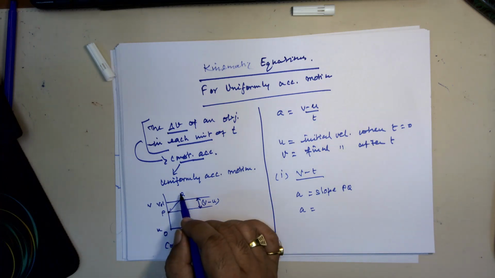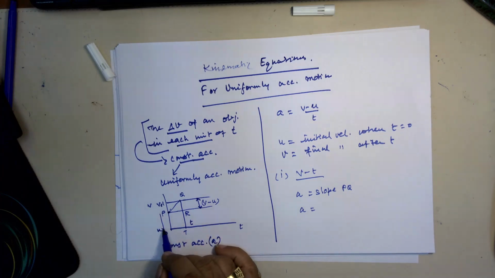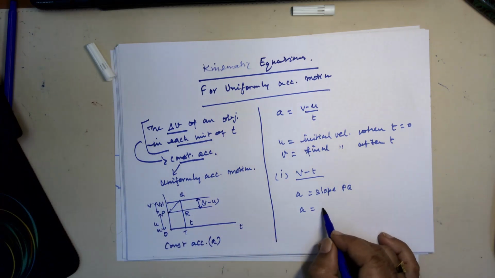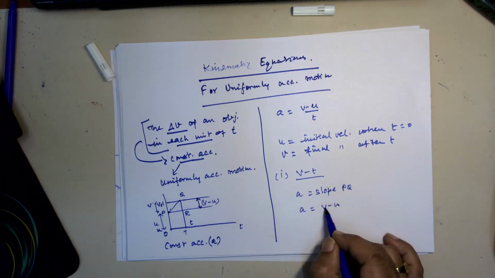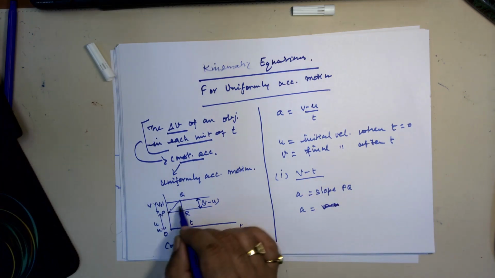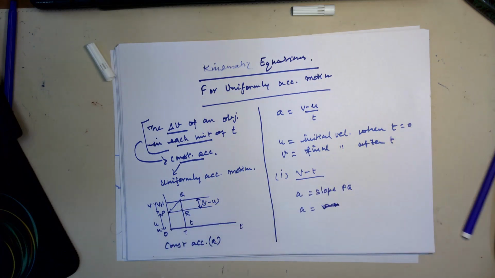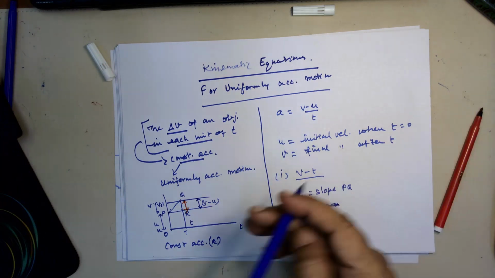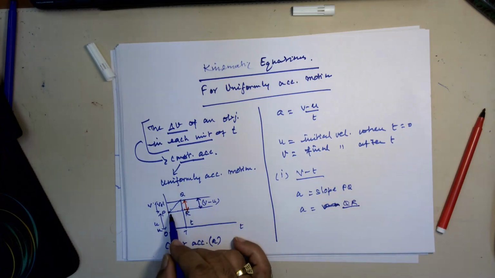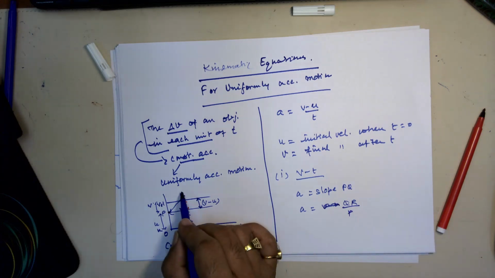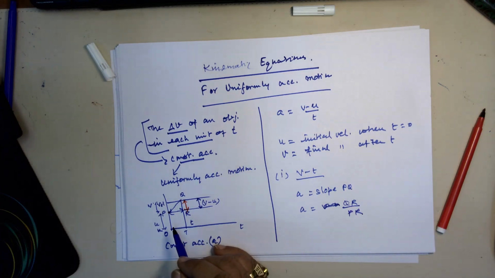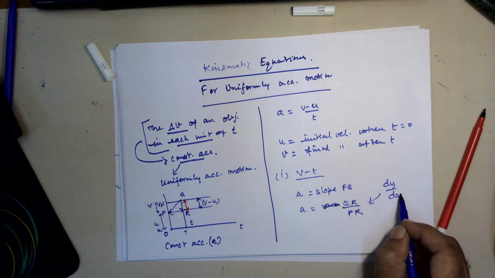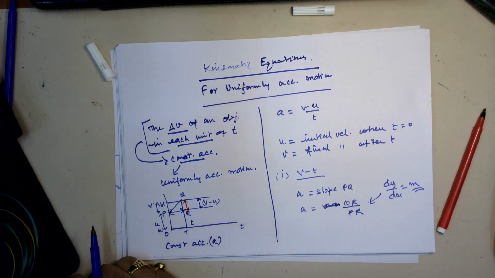This part is U, and it has reached V. Now V minus U is dy, which is nothing but QR, divided by PR, that is dx. dy by dx is called the slope. It is represented as m here, right?